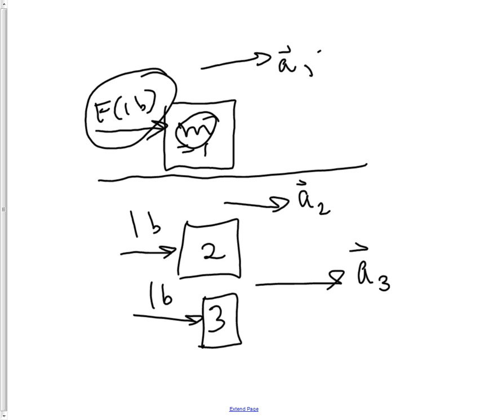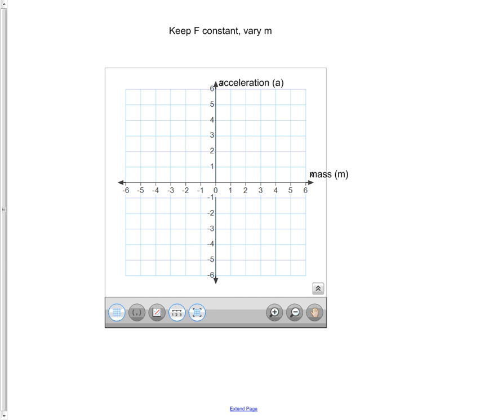And then what I'm going to do is I'm going to plot the results. So let's just see if we plot the acceleration as a function of the mass. What do we get? Well, let's think about it a minute.